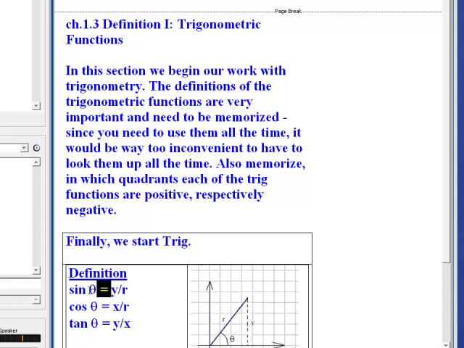I might as well write them in here: 1 over sine, 1 over cosine, and 1 over tangent. Okay, that's actually all that goes with it.